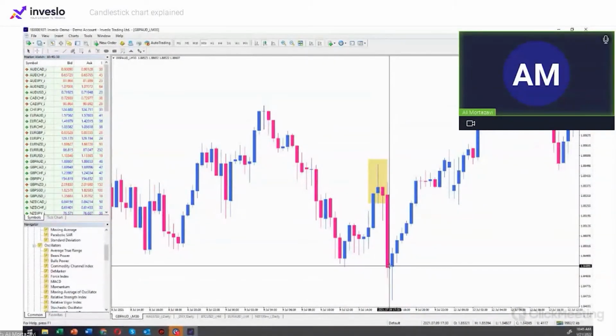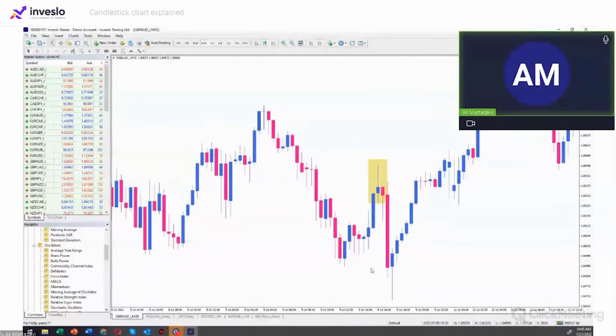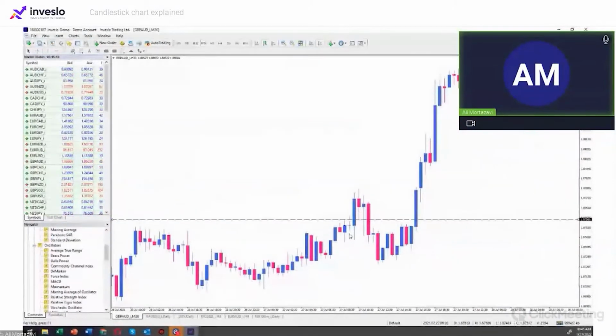And then after that you see this lower shadow here. So this is the way we can interpret market psychology using the candlestick charting method, okay.